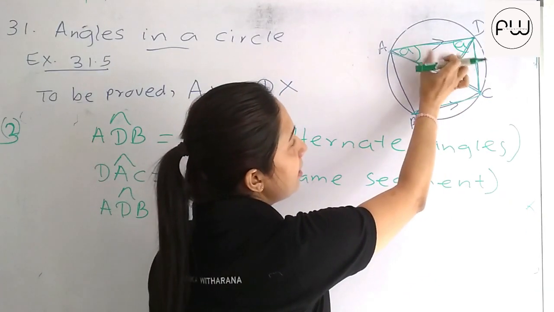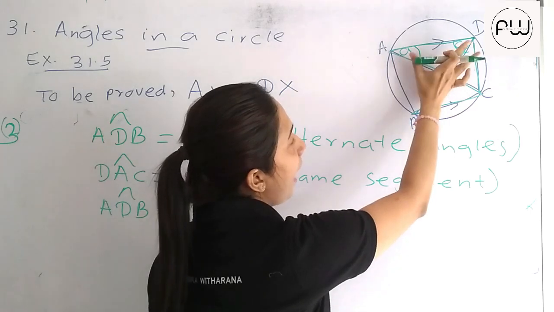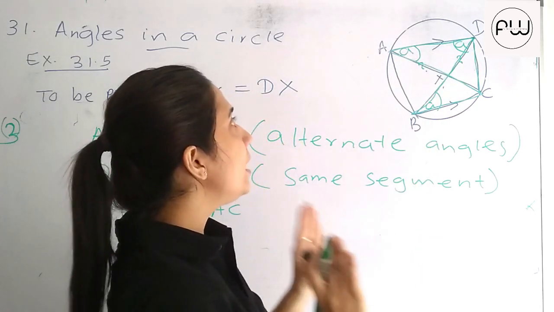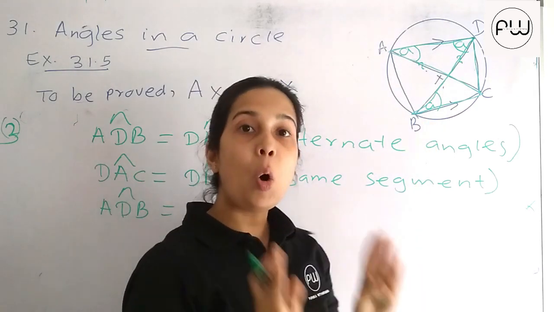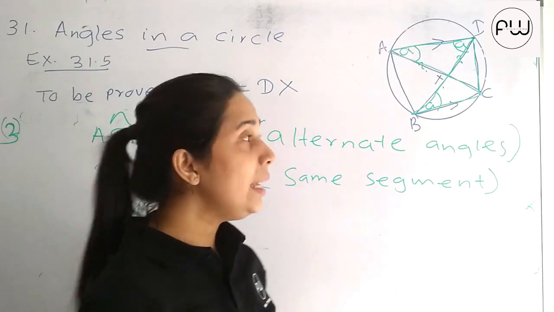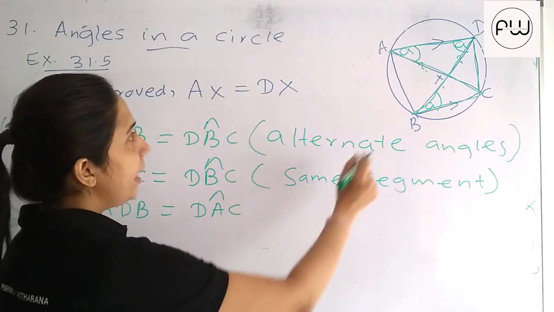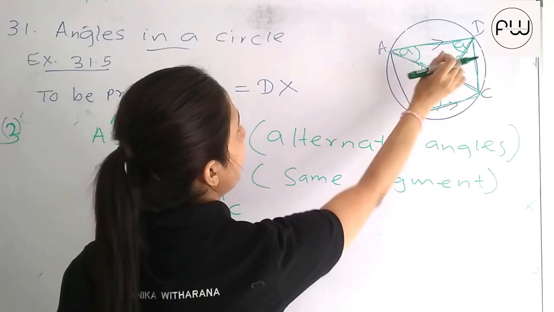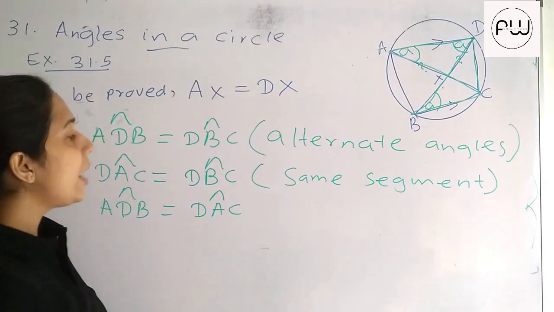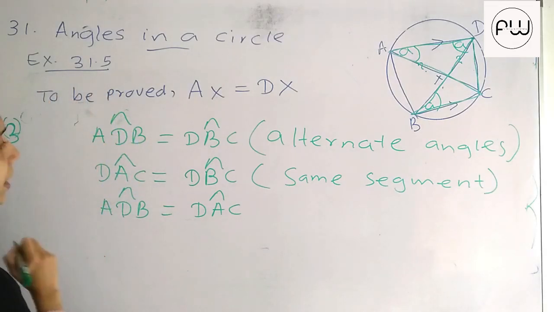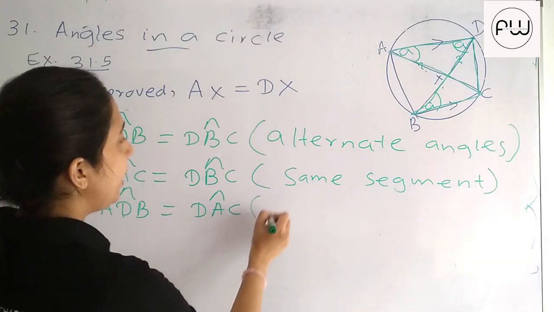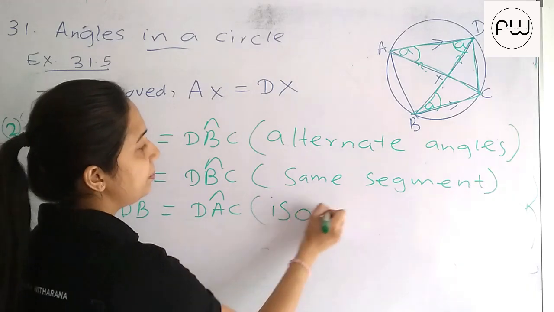These two angles are equal now. Then we have learned that when angles are equal, the opposite sides are also equal in a triangle. Then we can identify this one is an isosceles triangle. Therefore, we can write here isosceles triangle.